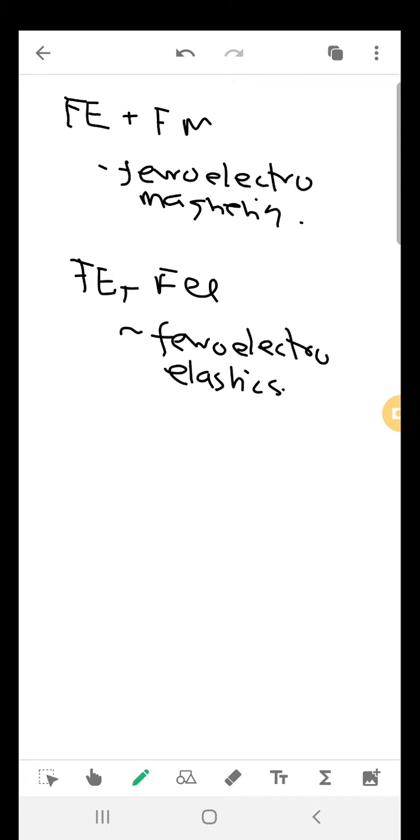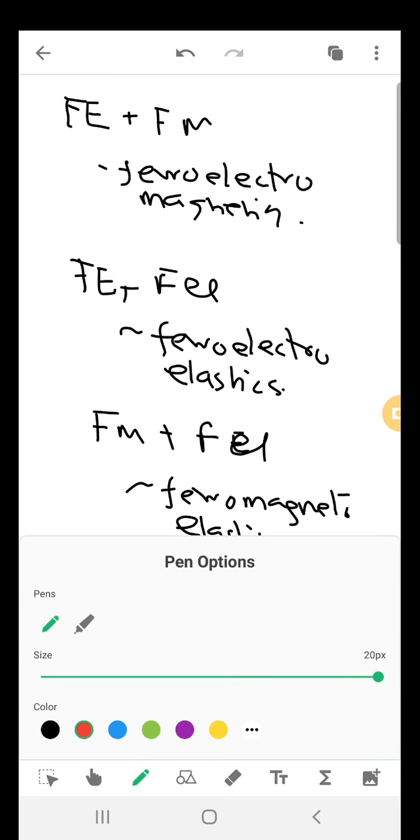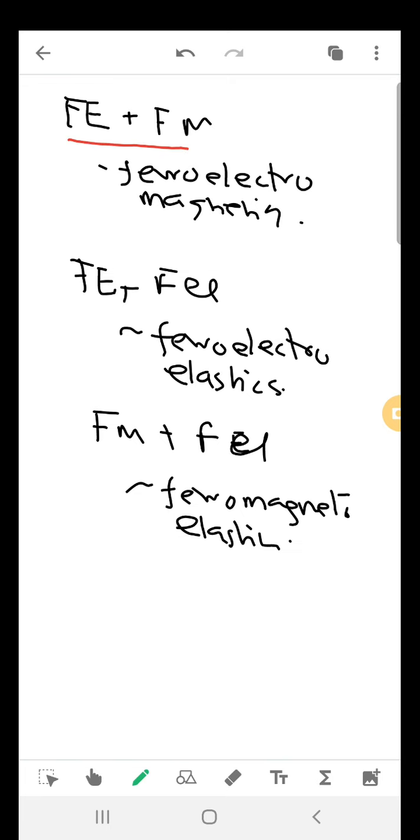And lastly, with ferromagnetic and ferroelastic phase, they are called ferromagnetoelastics. So any two of the three will occur simultaneously. It can be either a ferroelectric ferromagnetic phase, a ferroelectric ferroelastic phase, or a ferromagnetic elastic phase.